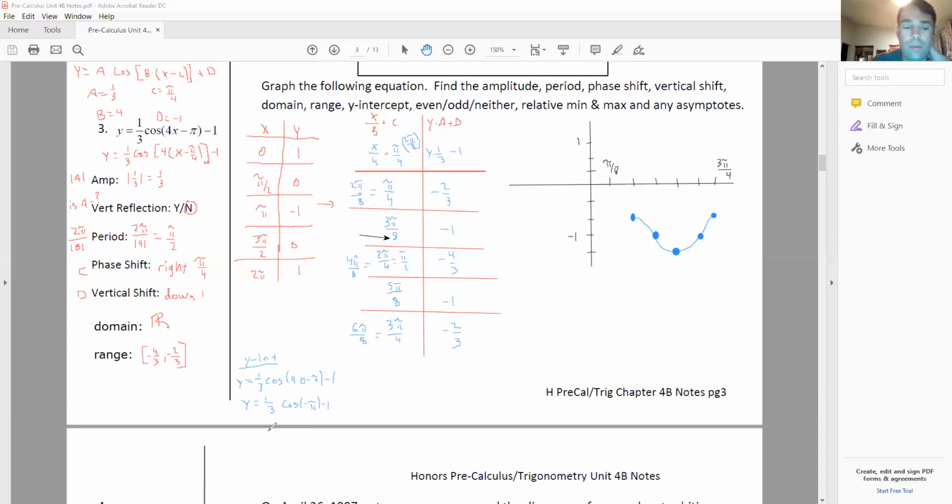So negative pi is the same thing as pi. Cosine of pi is -1. So y equals 1/3 times -1 minus 1. So that's -4/3. So there's my y-intercept, 0, -4/3.